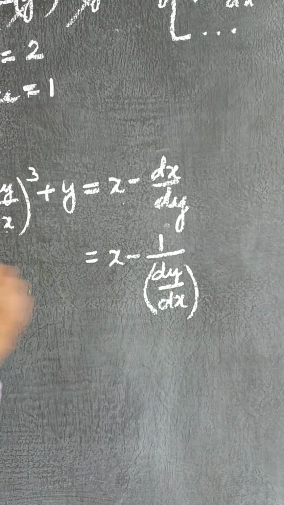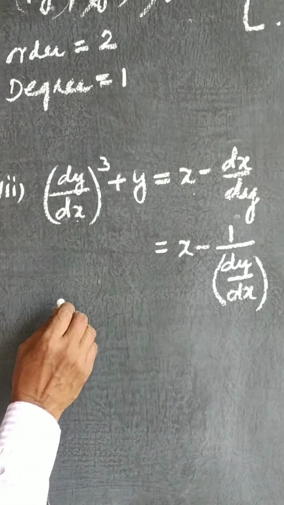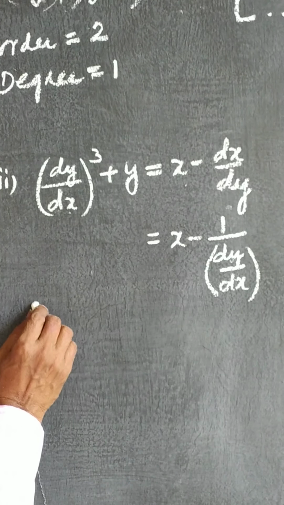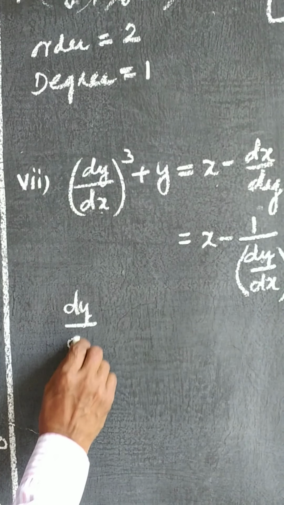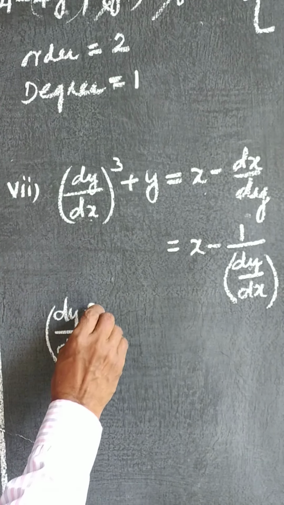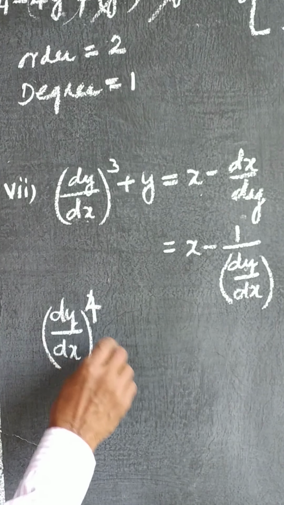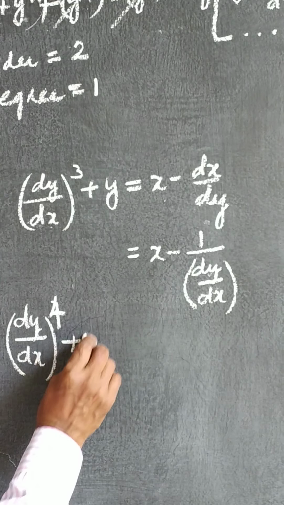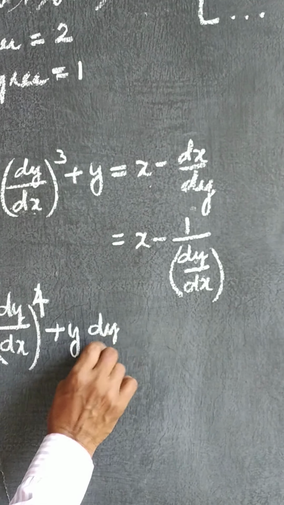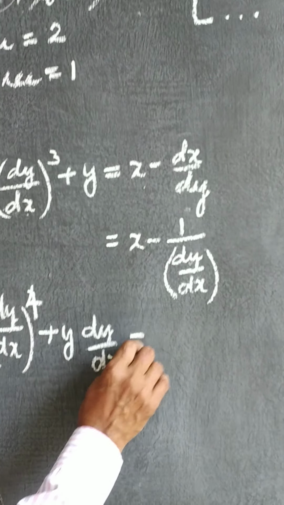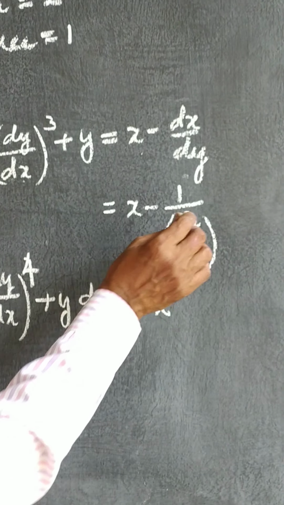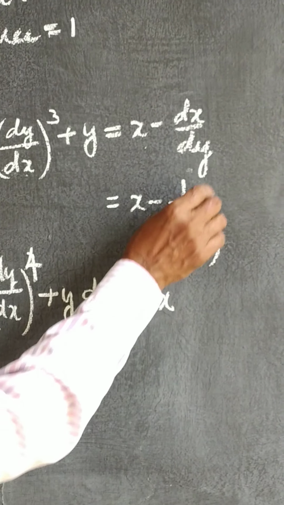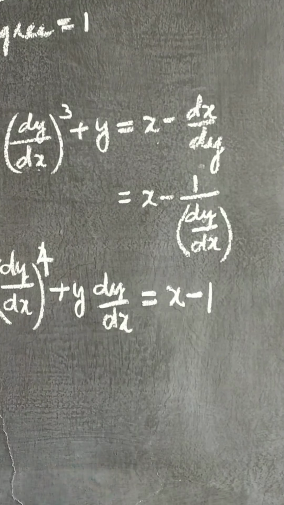Now you can take the LCM on both sides, and on multiplying by dy by dx, this becomes (dy by dx) whole power 4, plus y into dy by dx is equal to x. When you multiply, it gets cancelled, so you get minus 1.